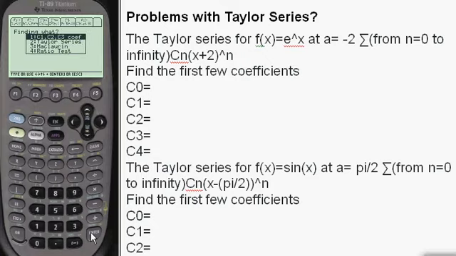New problem. Let's do the coefficients again. I'm going to put in the function, alpha second, y is sine of x. Close off the parentheses, and a is equal to alpha second pi divided by 2.